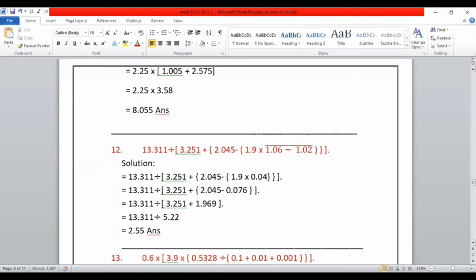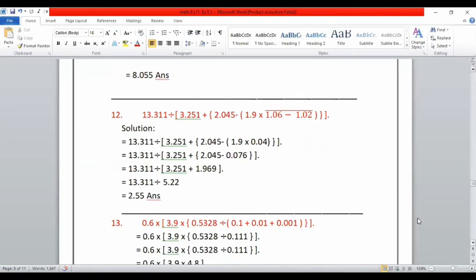Dear student, in this sum we have four types of brackets.